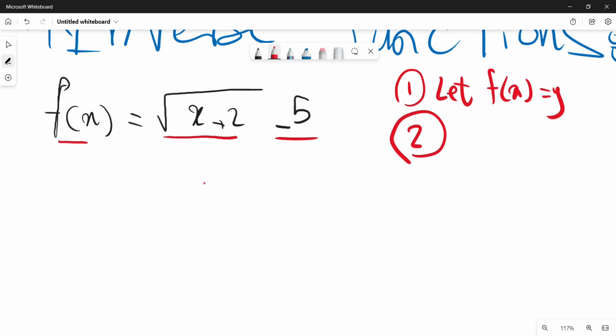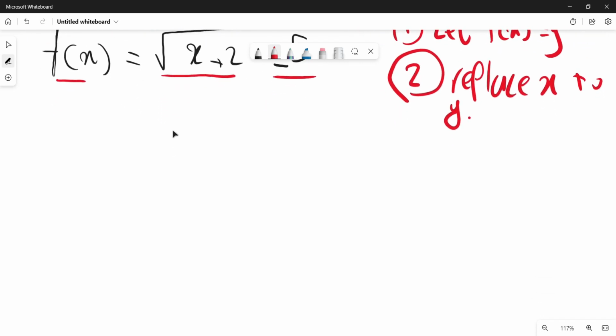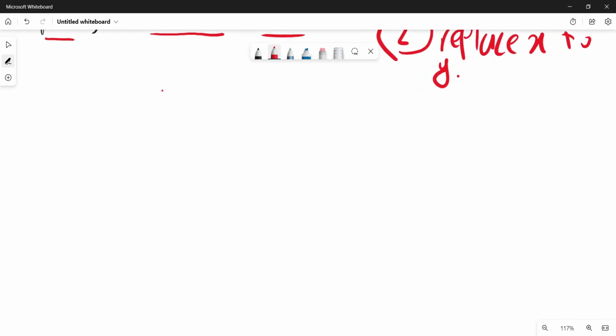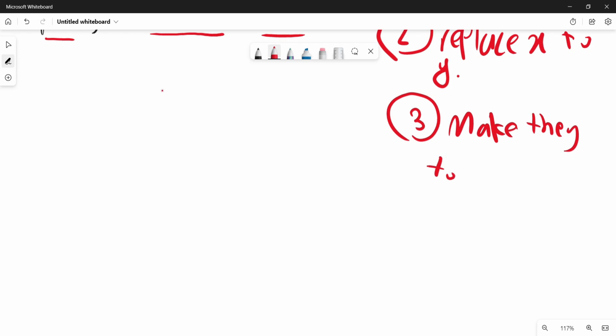The second step that we have to do is replace the x with y in the formula. We'll go through them step by step. And step 3 is make the y the subject. This is the most tricky part of each question.